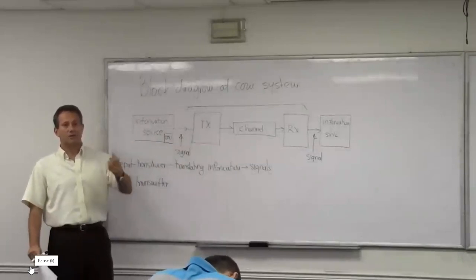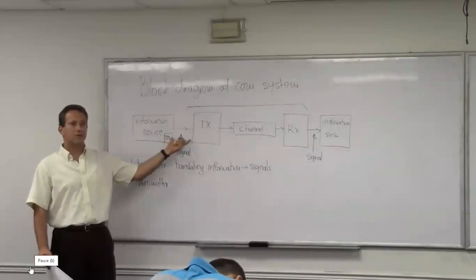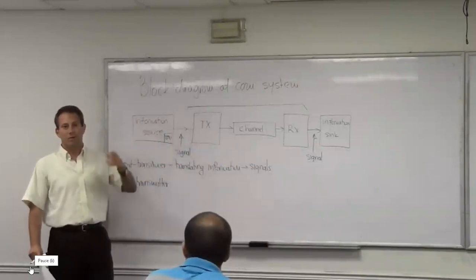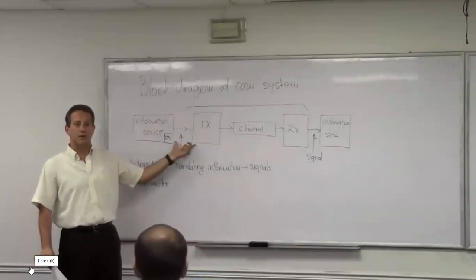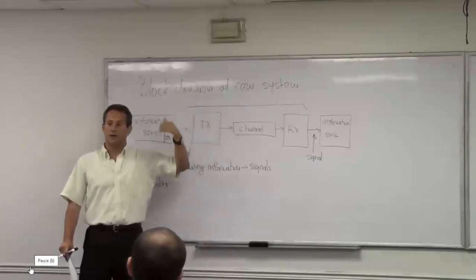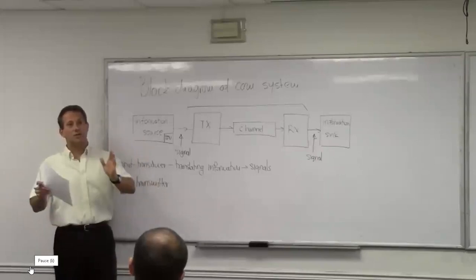When I speak, do you know what are the frequencies that are in my speech signal? If I were to look at this signal here, what is it made of? Do you know what's the bandwidth? So we're going to learn it, but it's up to 4 kilohertz in a telephone voice. If I want to send that to a cell phone tower, can I transmit at 4 kilohertz? No, because it's such a low frequency.